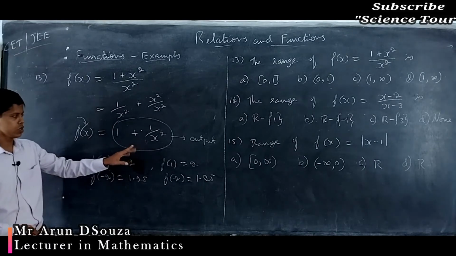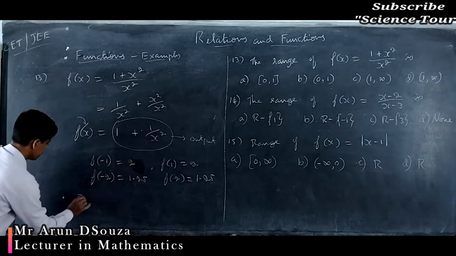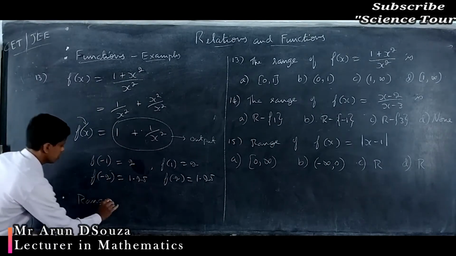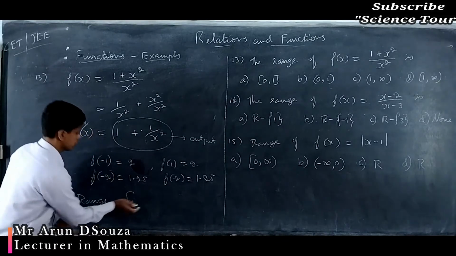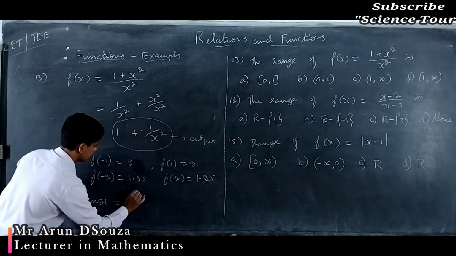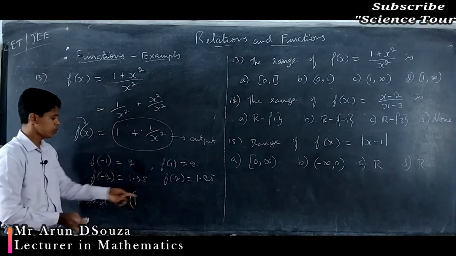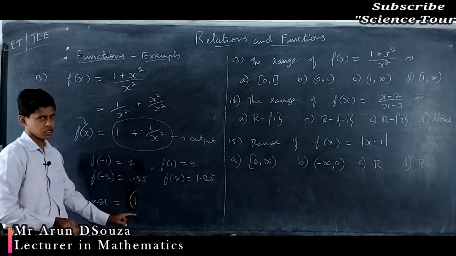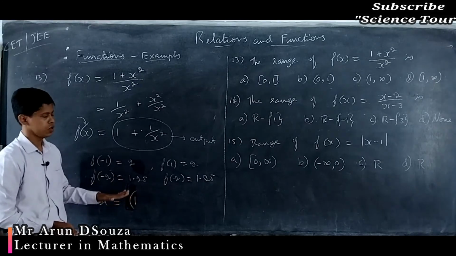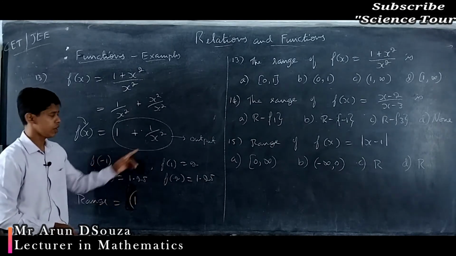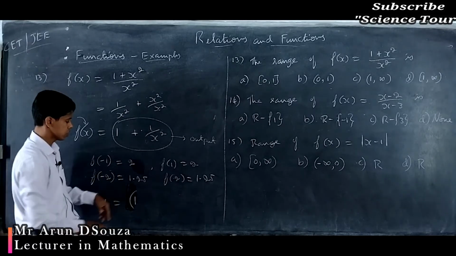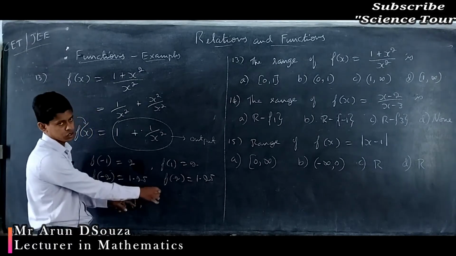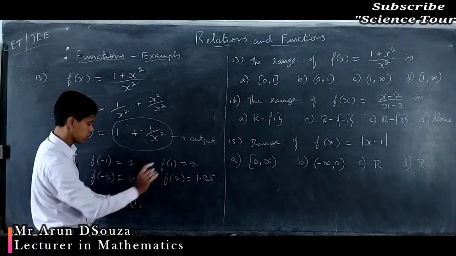So your range's lowest possible value is 1, and 1 is not included. 1 point something, but 1 you will never achieve. So don't close it. 1 is not included. You won't get 1 for any value of x. So it starts with 1 point something, 1.001 or 1.00001 or anything like that.